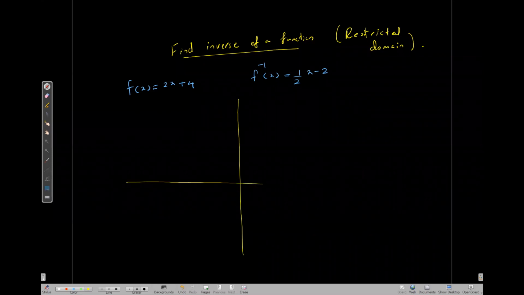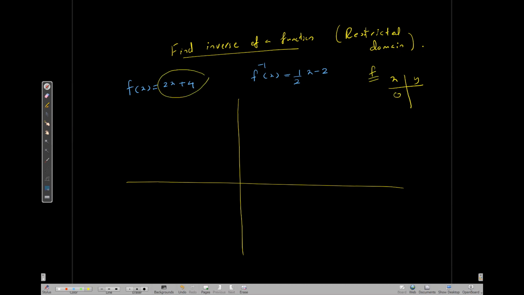Now, you know how to draw the graph of a linear function. An easy way is using x and y values. Let's take f. When the x value is 0, the y value is 4, and when the y value is 0, I make 0 equals 2x plus 4, so 2x equals negative 4, x equals negative 2, so negative 2 comma 0.